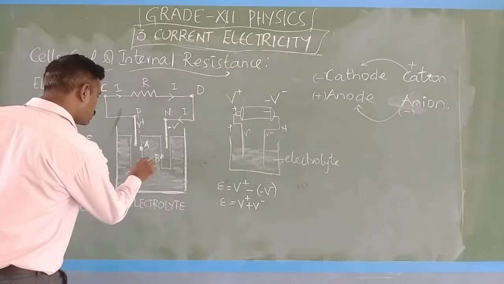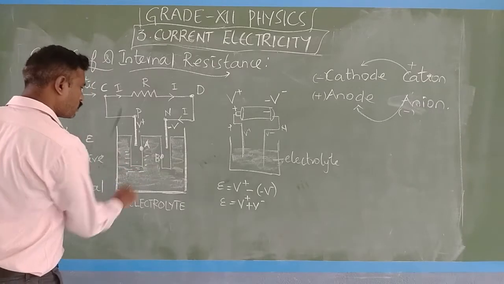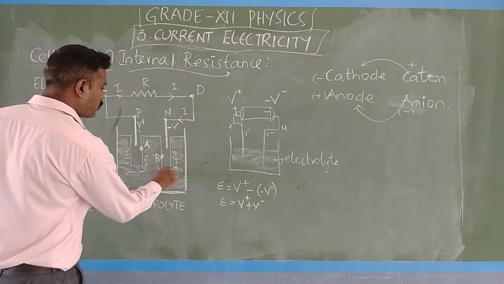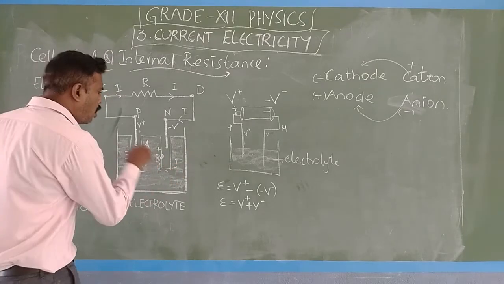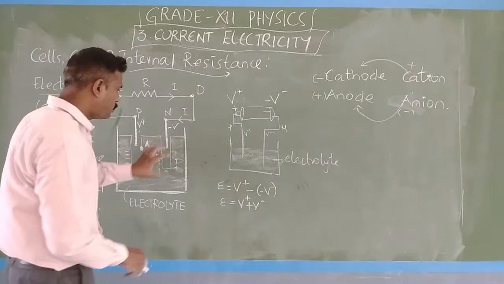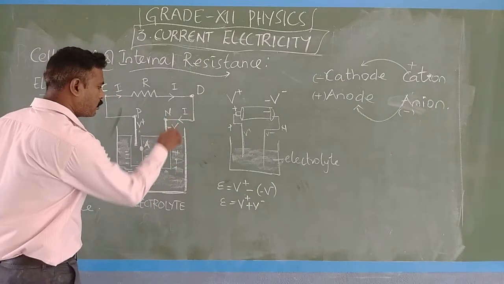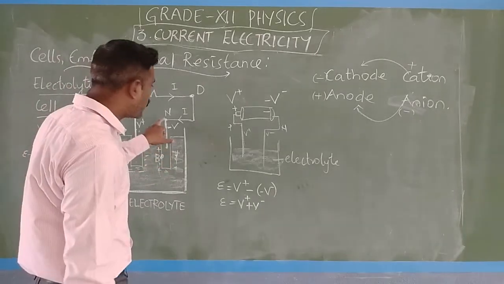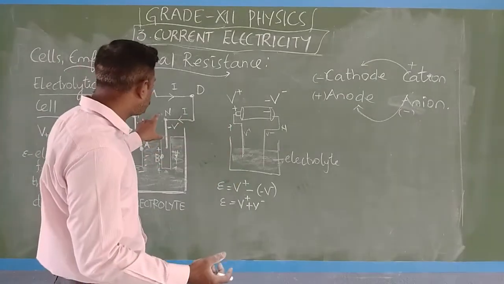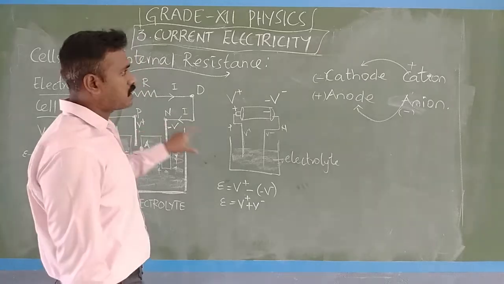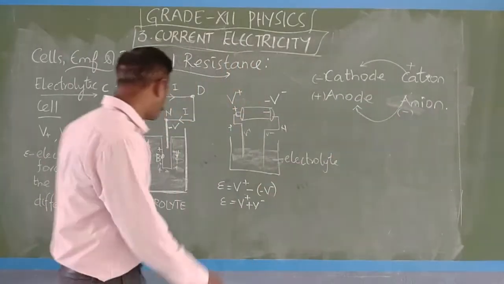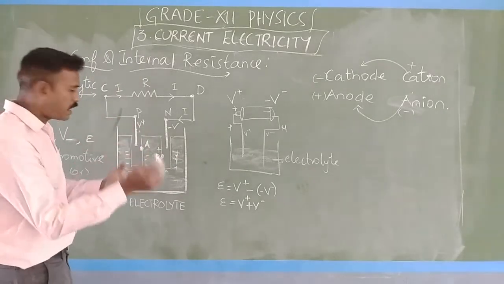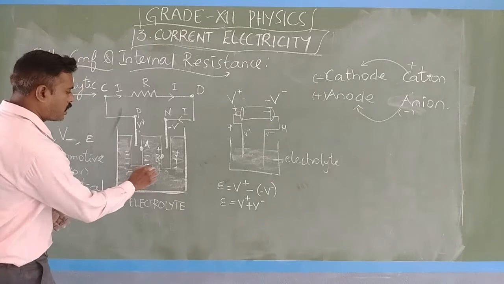The negative terminal, this is the cathode, will attract the cations. Cations are positively charged. This anode will attract the anions, which are the negative charges.